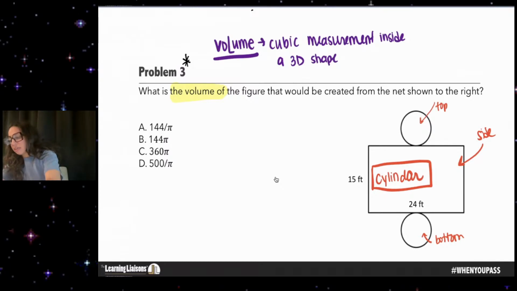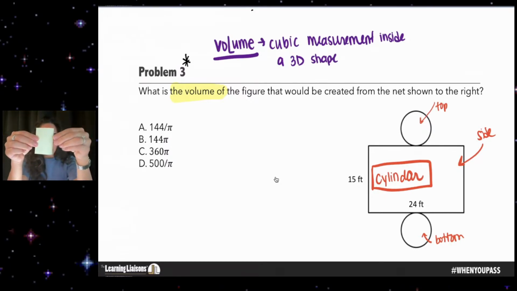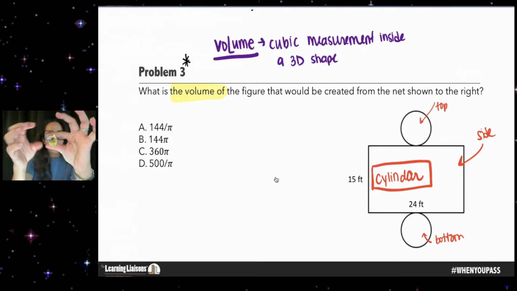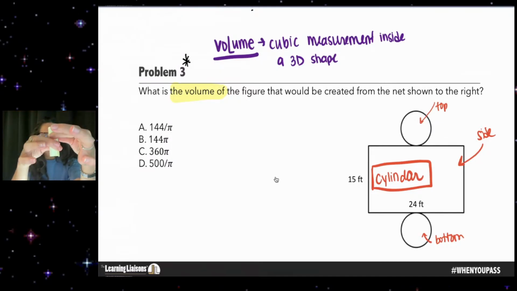For instance, here's a little teeny tiny piece of paper, but when I roll it up, you notice that it creates a cylindrical shape, right? Like there is the circle on the top and the circle on the bottom. And when I roll the rectangle up, it creates a cylinder.